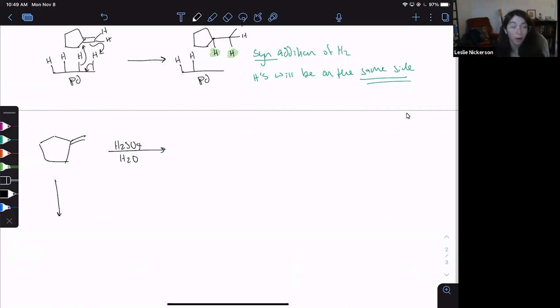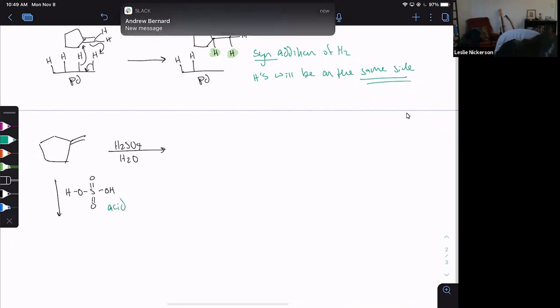So hopefully, once we've been working with these things for so much, you can kind of guess what the first step might be. If we are in an acid, the first step is going to be protonation. And we have sulfuric acid around. Okay, so if we're trying to think about what are we going to protonate, this is an acid. The alkene is going to be our base.